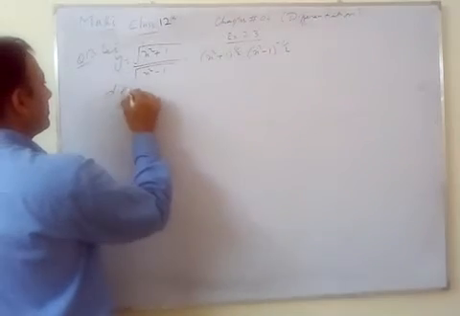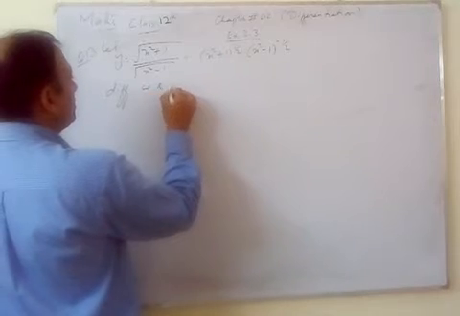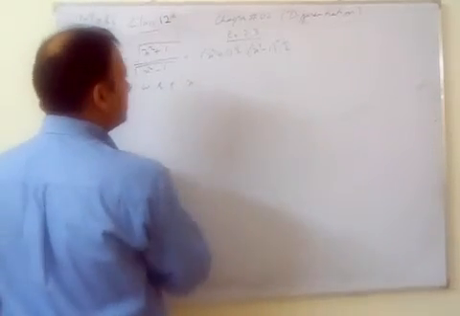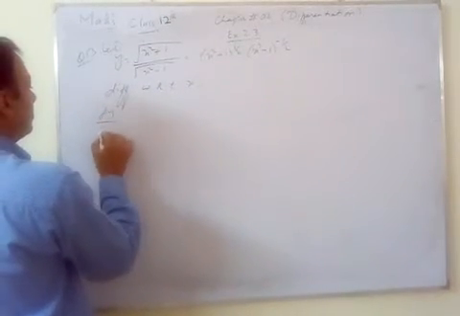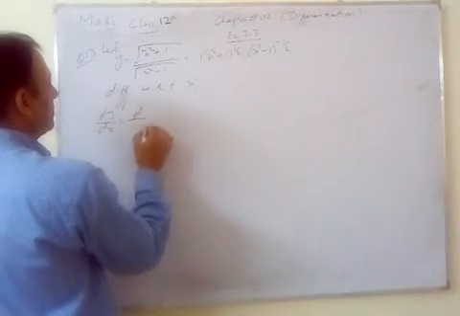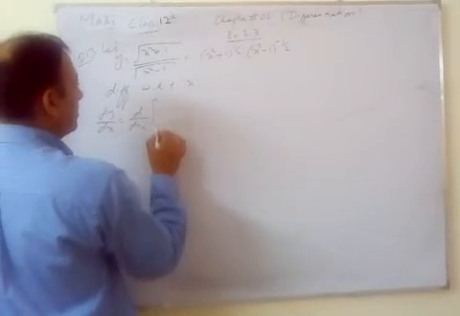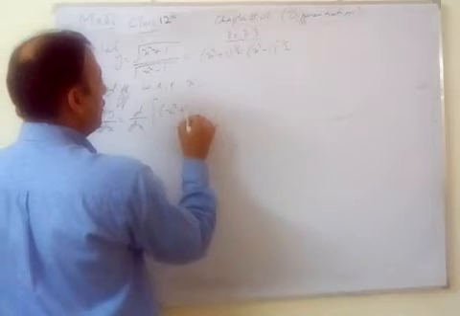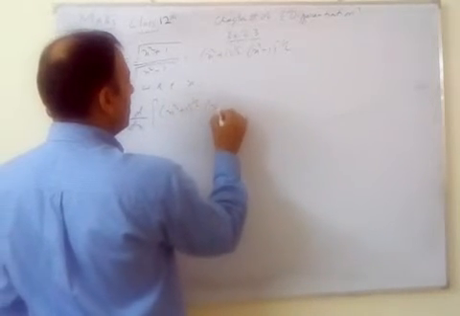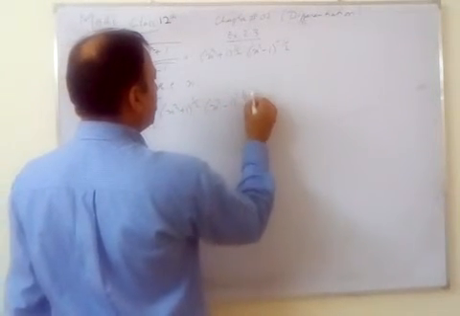Differentiate with respect to x, we get (x square plus 1) whole power 1 by 2 into (x square minus 1) power minus 1 by 2.